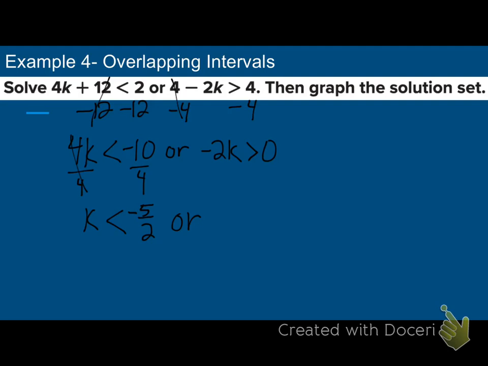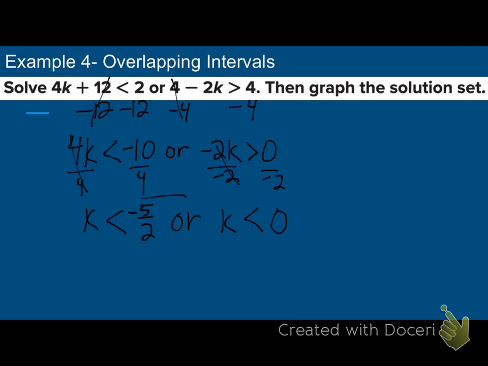What's my next step on the right inequality to get k by itself? Divide both sides by negative 2. 0 divided by negative 2 gives me 0. Symbol, flip or stay? Flip. We divided both sides of this inequality by the same negative number, so I've got to flip from greater than to less than. Are both k's now isolated by themselves on one side of the inequality? Yes, they are.